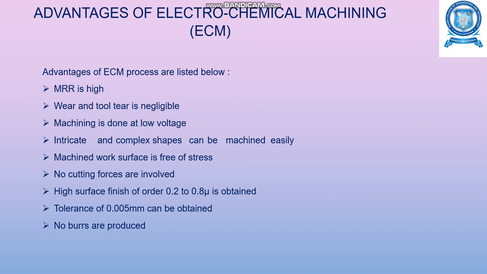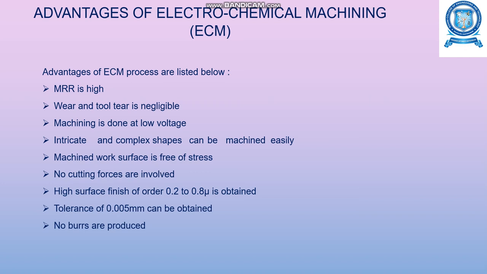The metal removal rate in electrochemical machining is high, and tool wear and tear is negligible, and low voltage is required for machining. Intricate and complex shapes can also be machined easily, and the surface machined is free of stress, and no cutting forces are involved here.